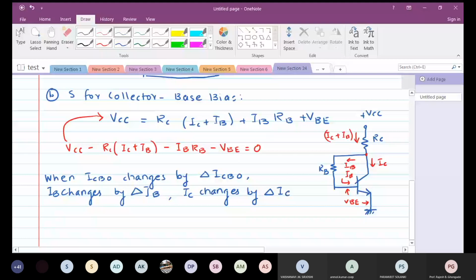Okay. So on the left hand side, is there going to be any change here? Is VCC going to change? VCC is not going to change. So what is going to be delta VCC? VCC is not going to change.